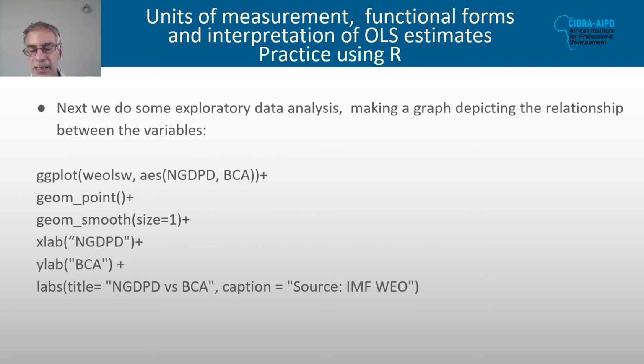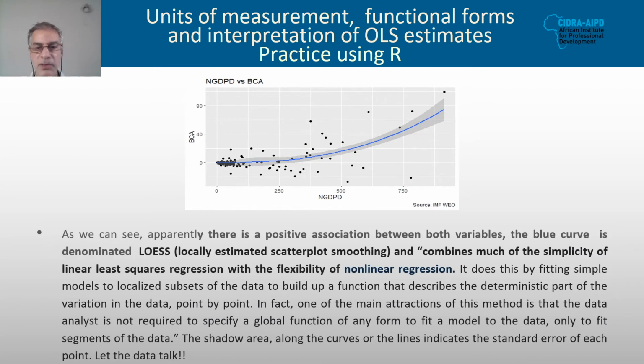The first graph that I just put for you there is a scatter plot of the data, with GDP on the x-axis and BCA on the y-axis, and the scatter plot tells us how the data is distributed between these two variables. And then we did a simple thing with ggplot with the color geom smooth.